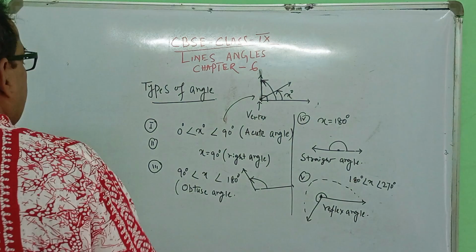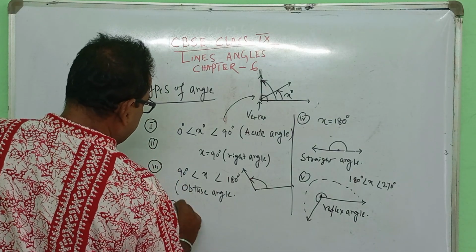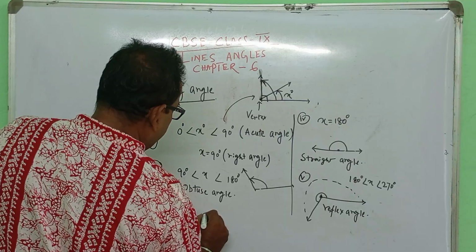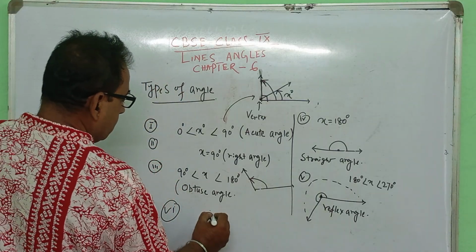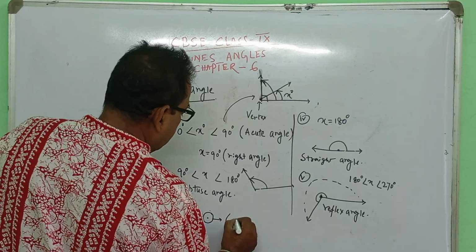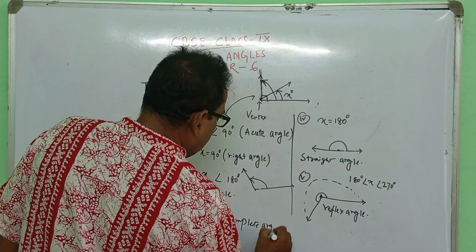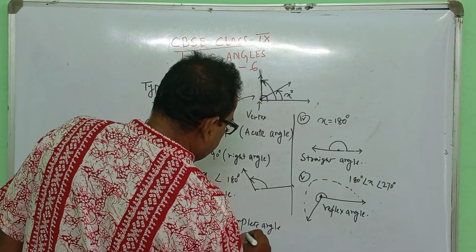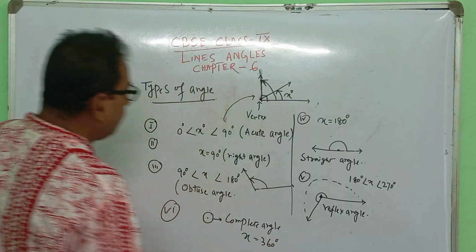Okay. Now the sixth is when it comes back to the point, that is called complete angle. That is x is equal to 360 degrees.